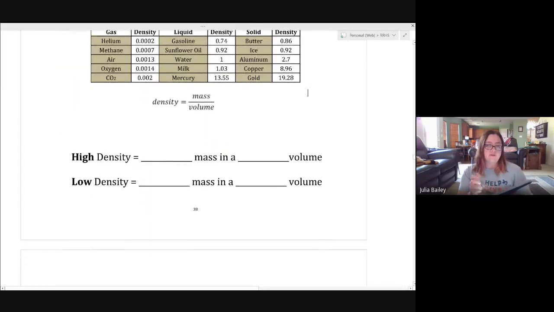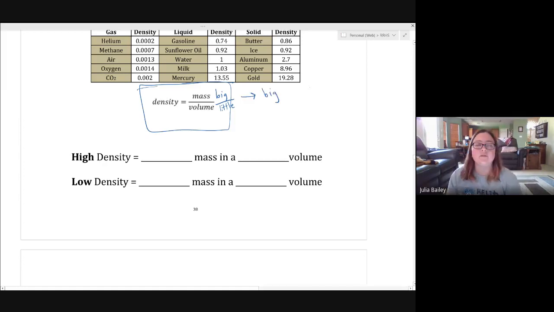If we think about our formula for density, mass divided by volume, that should make this whole high density, low density situation make a little more sense. If you think about a big number on top, a big mass, with a little number on bottom, a small volume, that's going to give you a big number when you're done, right? Which is what happens with really dense stuff. If you have a lot of mass and a little bit of space, you're going to get a big number.